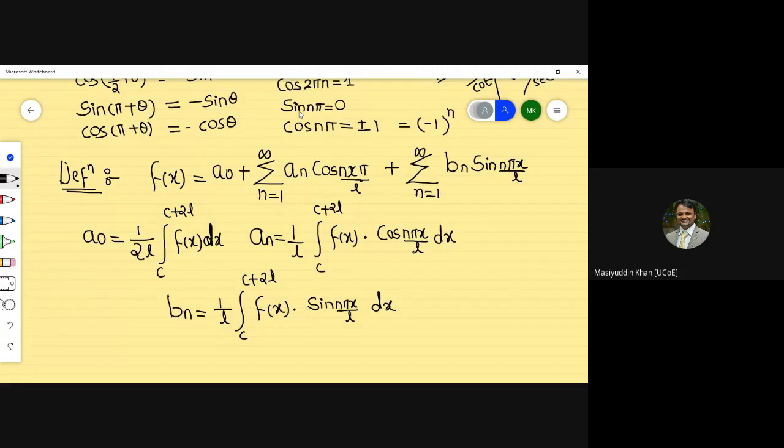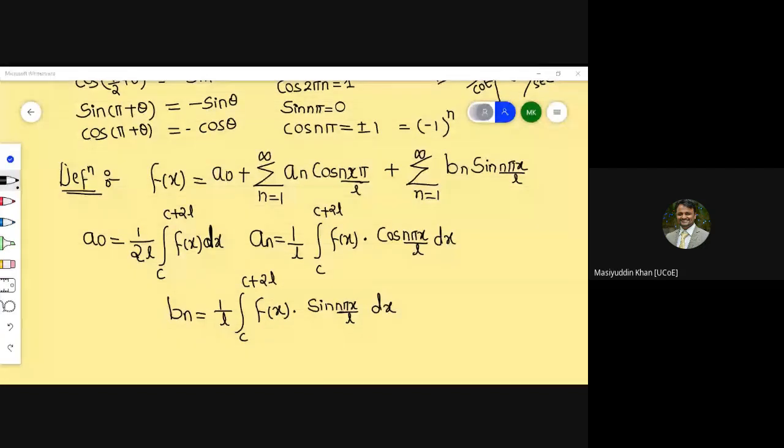This is a Fourier series: f x is equal to a0 plus summation of n equal to 1 to infinity an cos n pi x by L, plus summation bn sin n pi x by L. a0, an, bn we have to integrate separately and solve so that we will get the results. In the next lecture, tomorrow, I'm going to solve problems type wise.